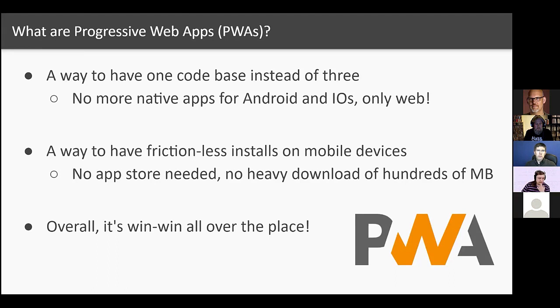So there's many benefits to that. The first one is having a frictionless install process, because you've done that before, right? You go to an app store, you decide to download something, and you see that it's downloaded like 250 megabytes. And you're like, well, it's just a very tiny app that's supposed to do almost nothing.